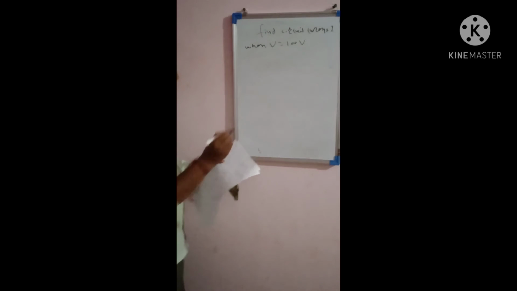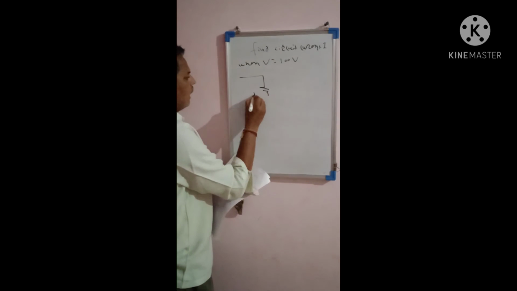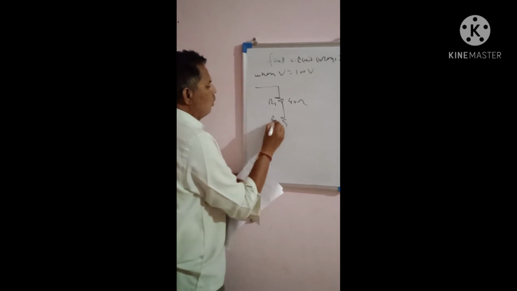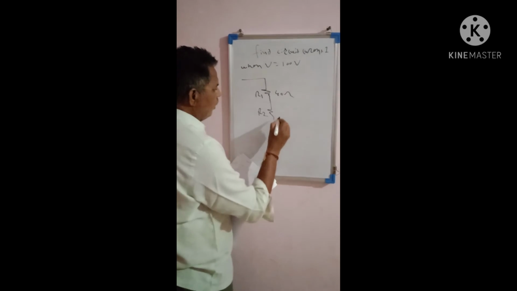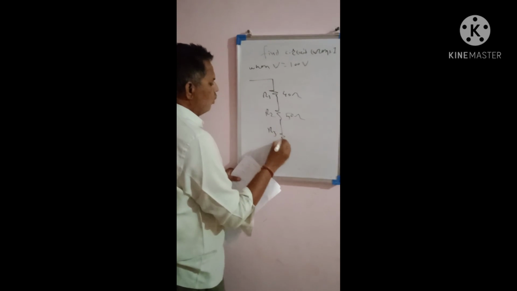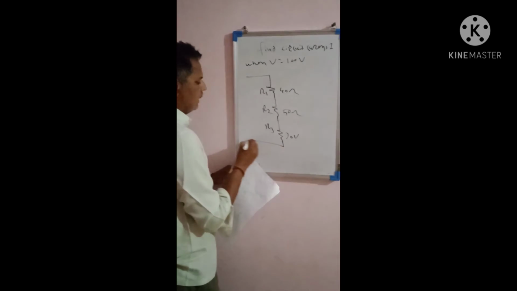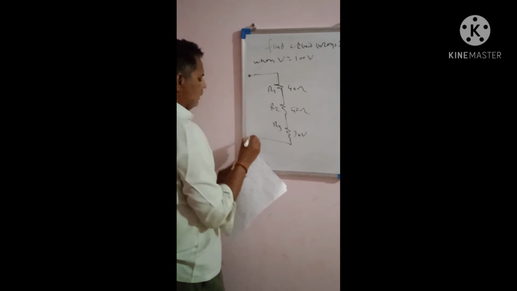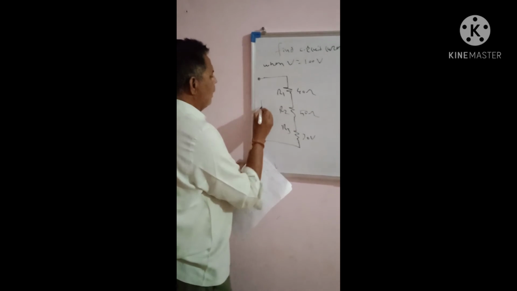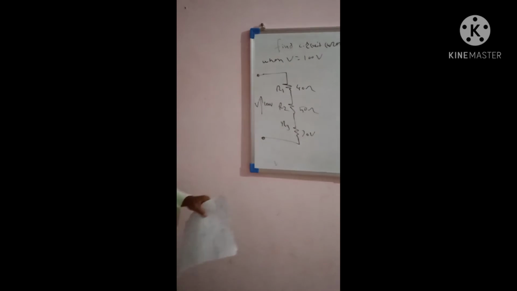The network is given in this way, a series network of course. R1 has an ohmic value of 40 ohm, R2 is 50 ohm, and R3 has an ohmic value of 70 ohm. We are simplifying the series network. They give a supply voltage of about 100 volts and ask you to calculate the circuit current.